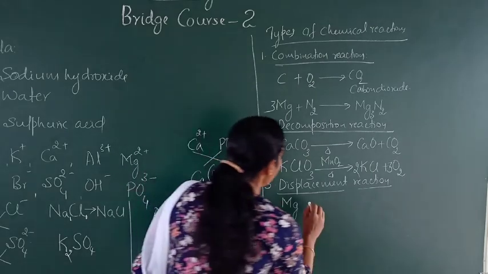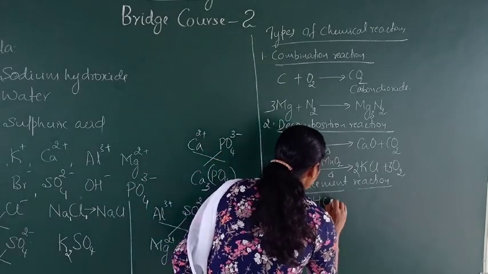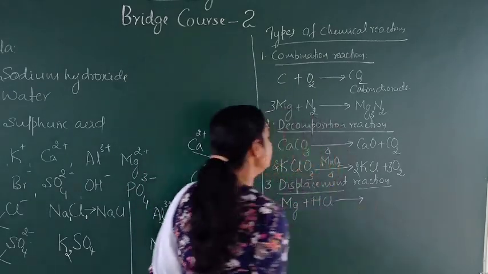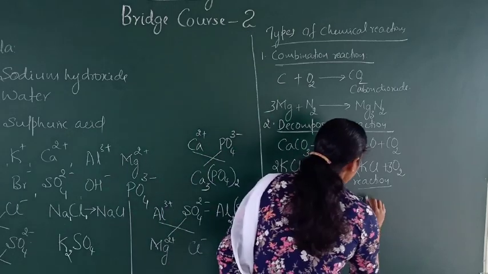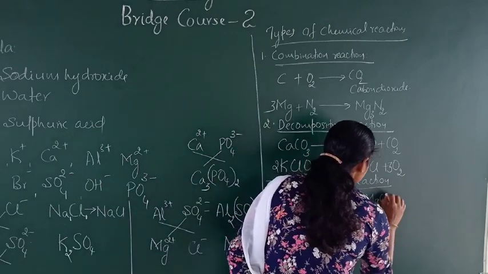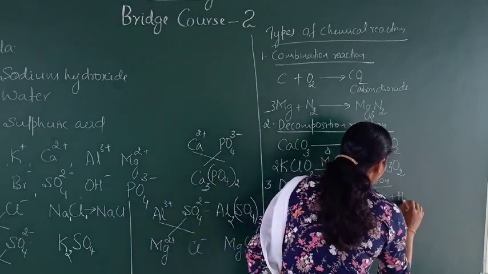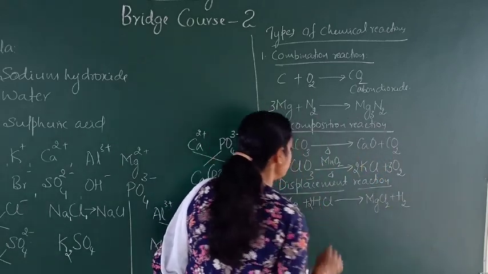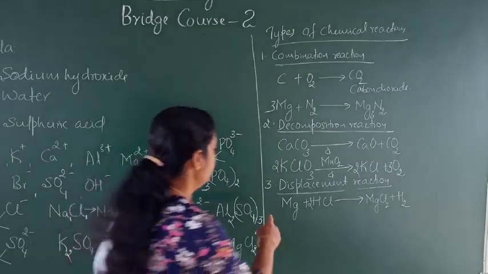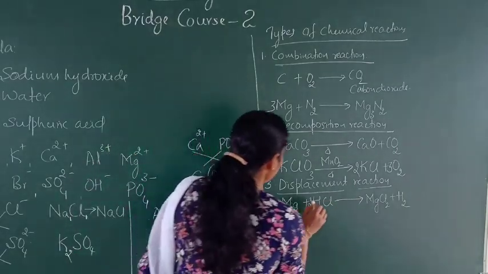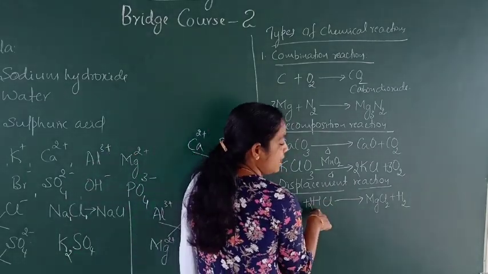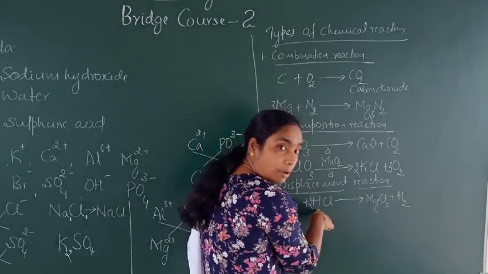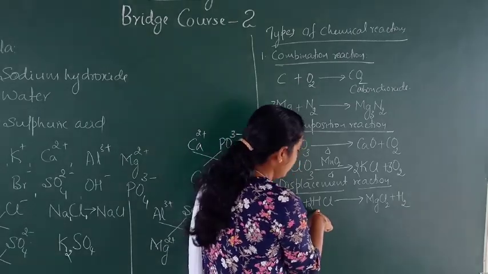Magnesium reacts with hydrochloric acid, giving rise to magnesium chloride with the liberation of hydrogen gas. For balancing, I have to write 2HCl here. Now, say magnesium displaces hydrogen from hydrochloric acid.